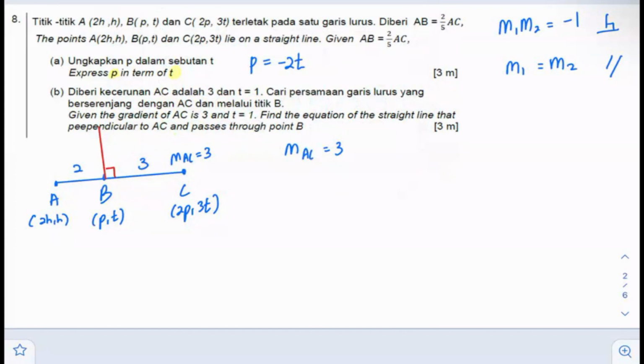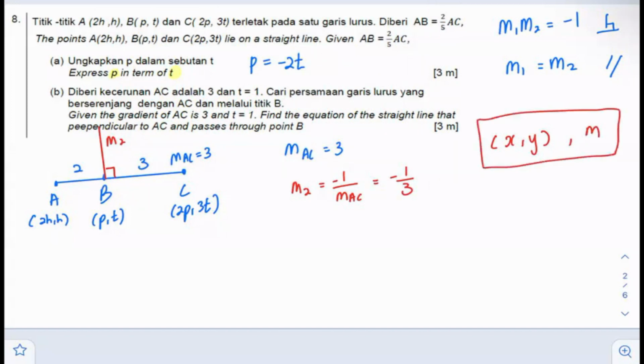In order to find the gradient of this perpendicular line, let's say m2, we say m2 equals -1 over m_AC, which is -1/3. To find a straight line, we need to have a point, which is x and y, and we also need to know the m. These are the key components to form a straight line equation. We already have the m, but we don't have the point yet.